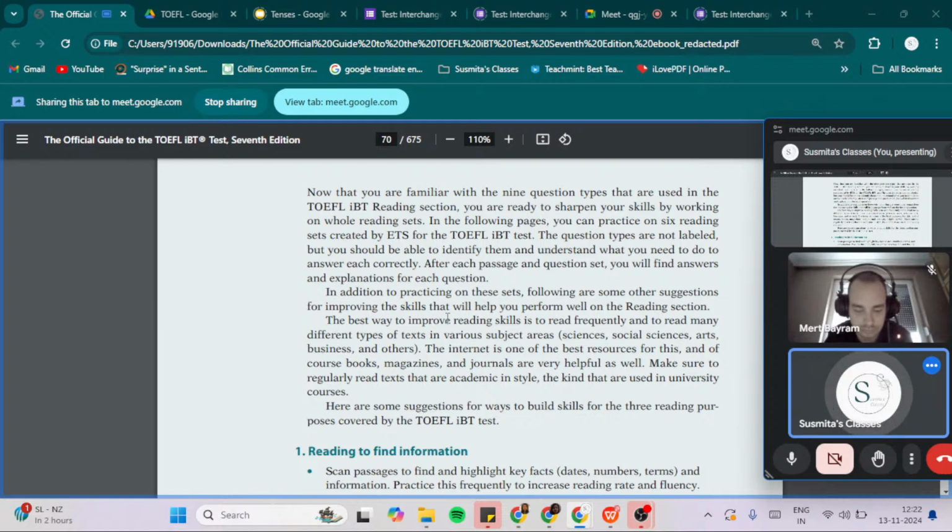We understand how much time we should spend with each one of them, and what they are trying to understand over here. But of course, you don't need to remember each type of question. You just need to understand, according to each type of question, where I will find the information and what they are trying to ask over here.